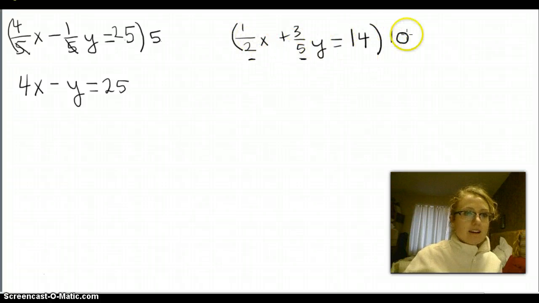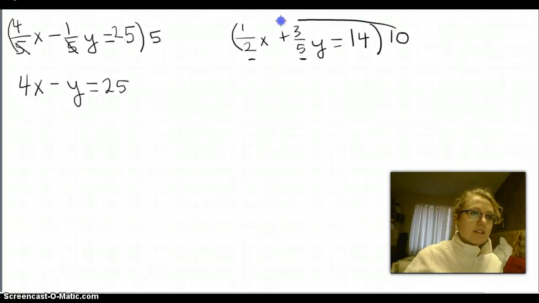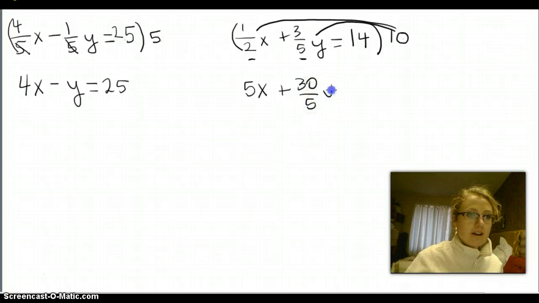When I do that, I get 10 times 1/2 x gives me just 5x. 10 times 3/5 y leaves me with 30/5 y. And 10 times 14 is equal to 140.